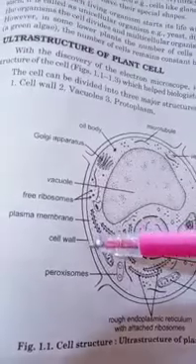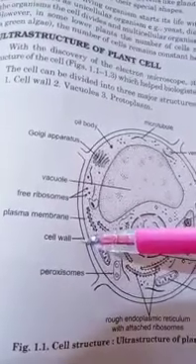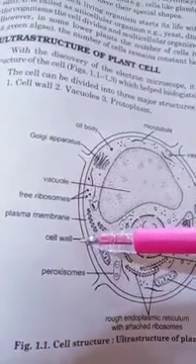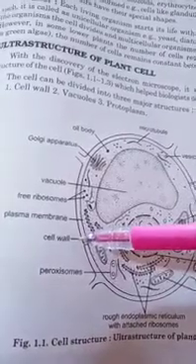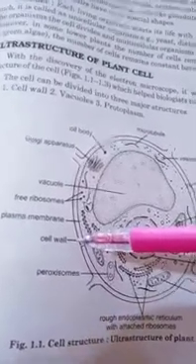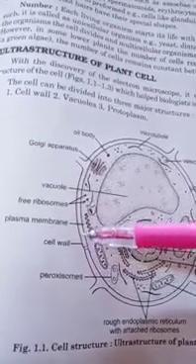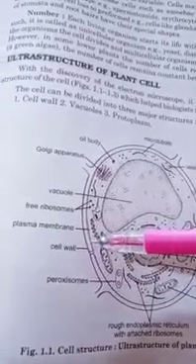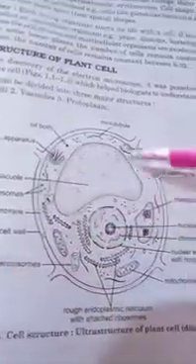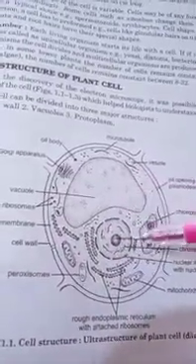Now what is the function of the cell wall? We will study in detail in the coming sessions, that actually this gives the typical shape and rigidity to the plant. Inner to it is plasma membrane, and inner to it is rest of the mass of the cell, that is protoplasm.